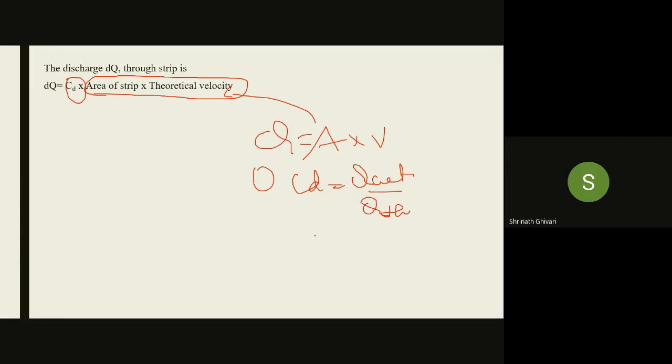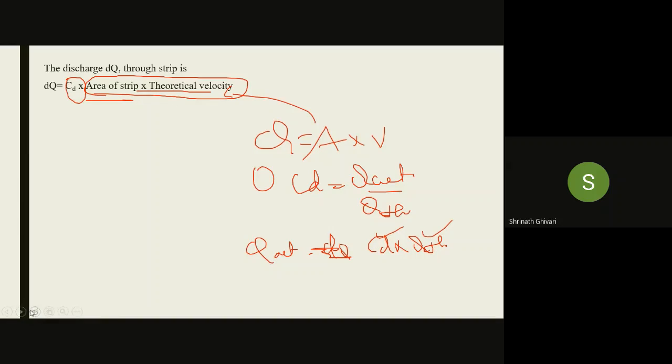I want Q actual, so Q actual will be CD into Q theoretical, where Q theoretical is area of strip into theoretical velocity.